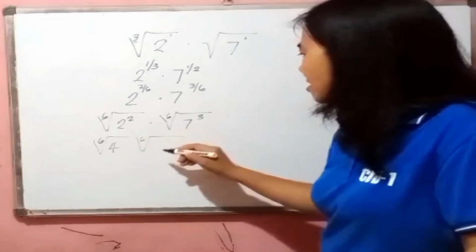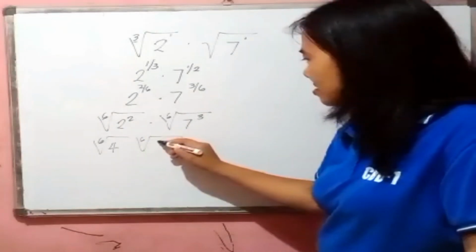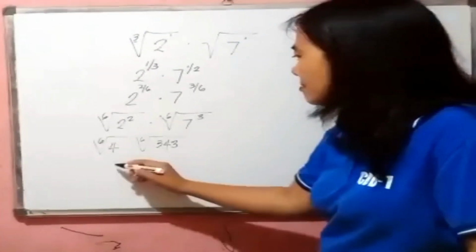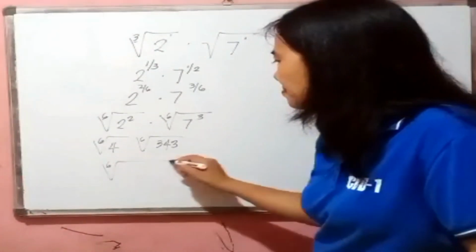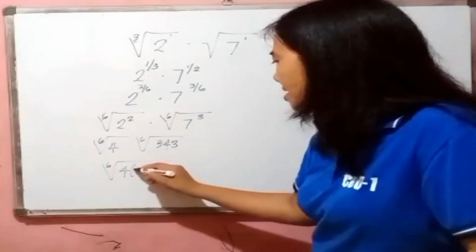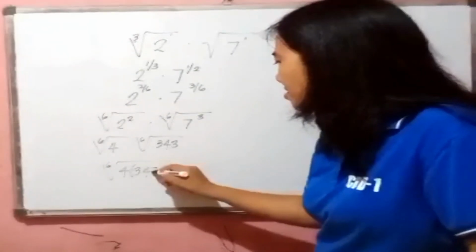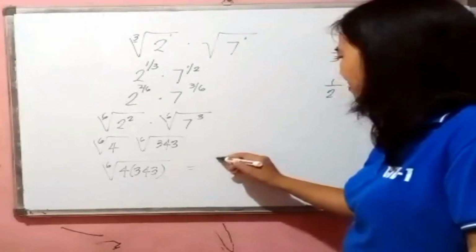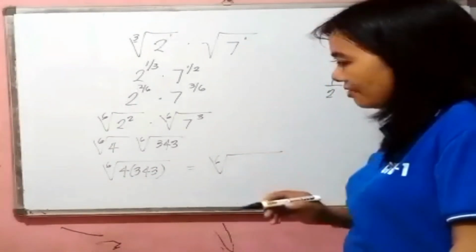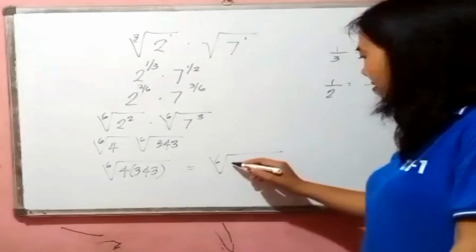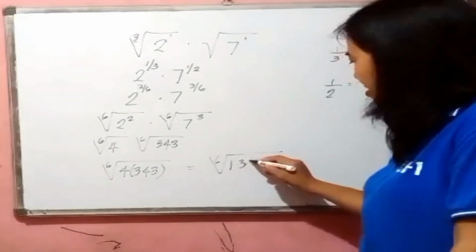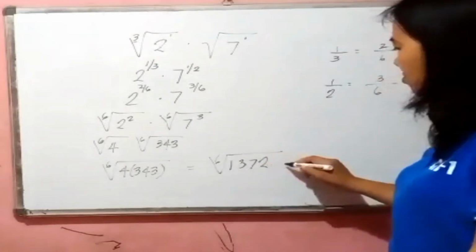Tapos, 7 cubed is 343. Ngayon, pag-isahin natin sila. 4 times 343 is equal to, yung final na sagot, 1,372. Okay?